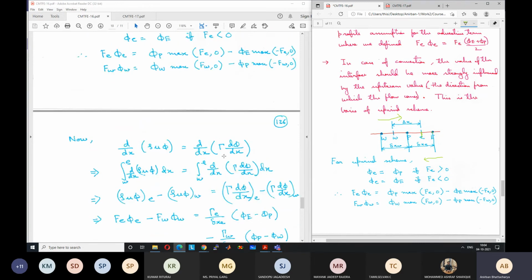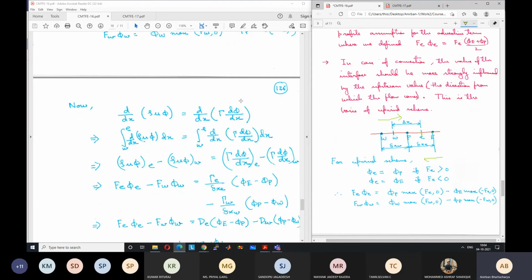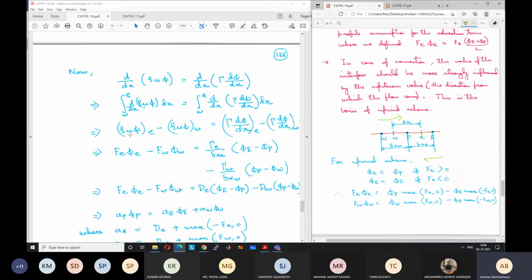d dx of rho u phi equal to d dx of gamma d phi dx. So again, integrating the governing equation from west to east, d dx of rho u phi dx is equal to west to east d dx gamma d phi dx dx. So these things we have already done for central difference.